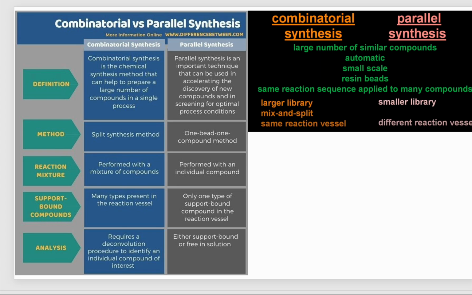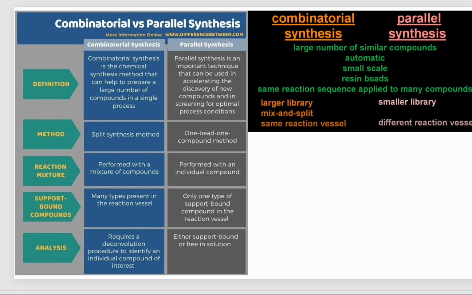There is a vessel, you put this and this, so there is no structured way in which you get a combination, and after that you split it and add this with the next one, and there is no particular sequence, you just mix and split.